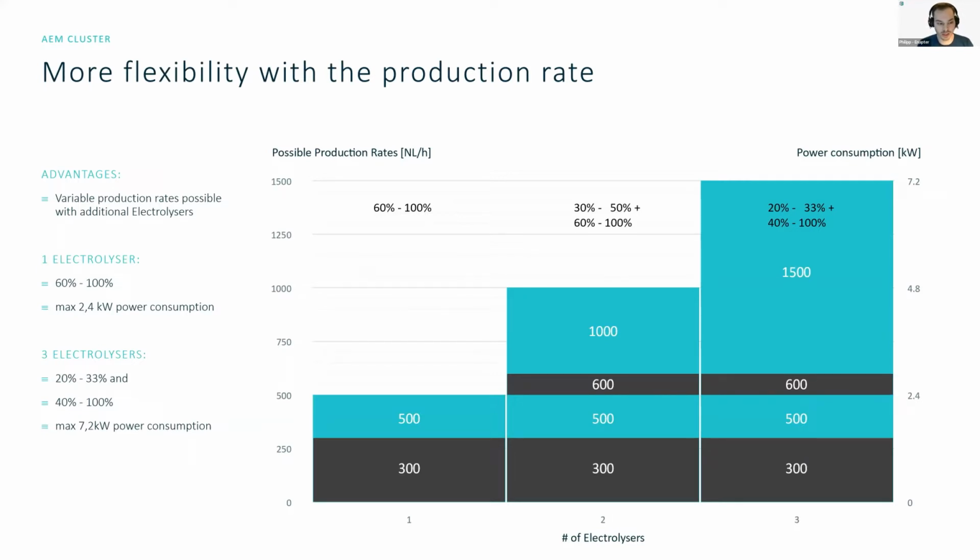When you are stacking several modules together, depending on your specific use case, this production rate in percentage terms will increase. So with 3 electrolyzers, for example, you will have the possibility to produce hydrogen from 20 to 33% and then 40 to 100%, compared to the 60 to 100% that you have with one electrolyzer.